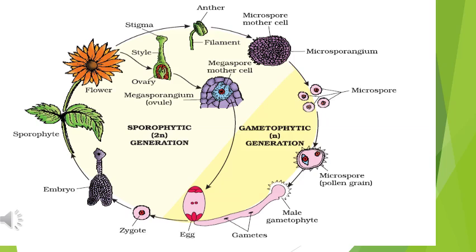Whenever these gametophytes move towards the egg cells, पॉलन ग्रेन जैसे ही आपके फ्लावर के egg cells के ऊपर पहुंचेंगे, वहां पे जो मेल गैमेटोफाइट्स हैं वहां से दो गैमेट्स रिलीज होकर एक एग के साथ फ्यूज हो जाएगा और दूसरा पोलर बॉडी के साथ में फ्यूज हो जाएगा. जो एग के साथ फ्यूज हुआ वो तो जाइगोट बनाएगा, एम्ब्रियो की फॉर्मेशन करेगा, सीड और फ्रूट की फॉर्मेशन करेगा. ओके, whereas जो दूसरा गैमेट फ्यूज हुआ है वो नरिशमेंट प्रोवाइड करके धीरे धीरे डीजनरेट हो जाता है. सो दिस इज द लाइफ साइकिल ऑफ एन एंजियोस्पर्म.